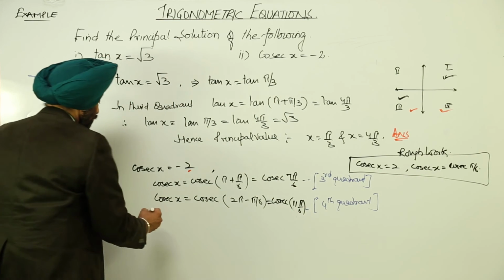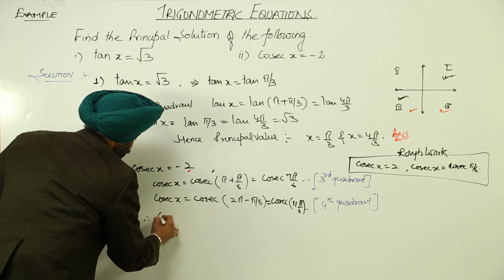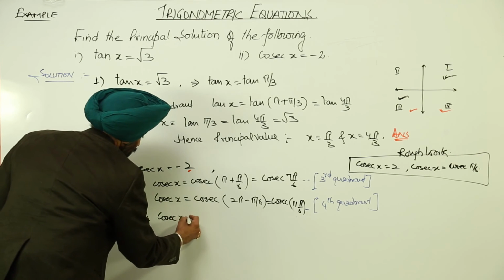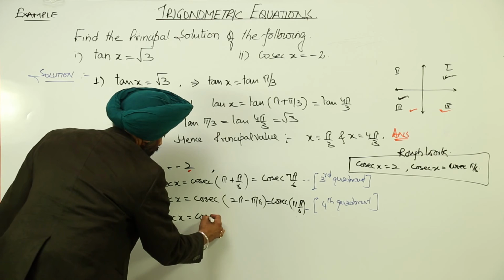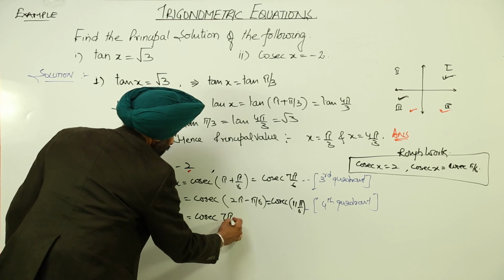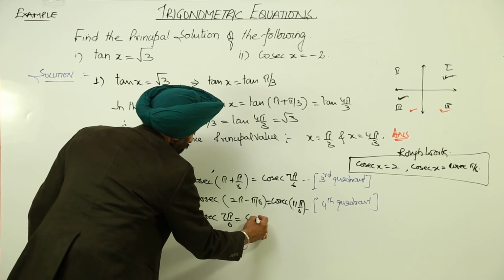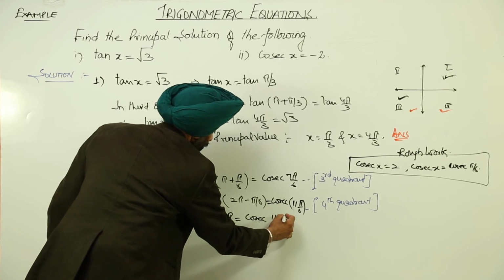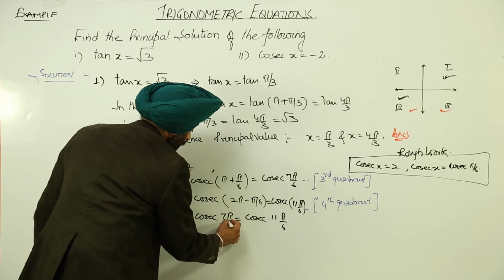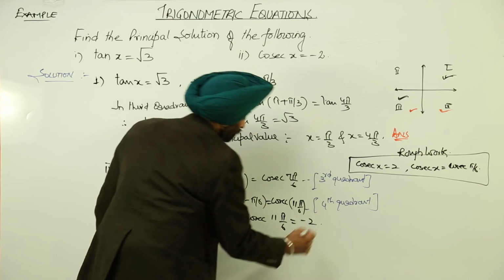Is it clear? Therefore cosecant x is equal to cosecant 7 pi by 6 is equal to cosecant 11 pi by 6 is equal to negative of 2.